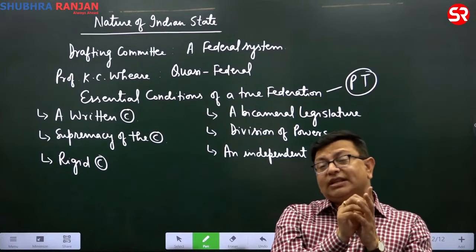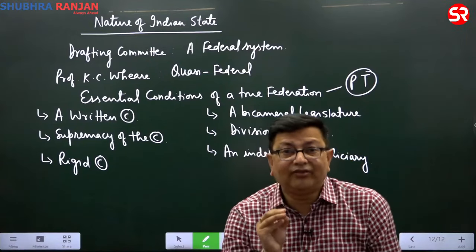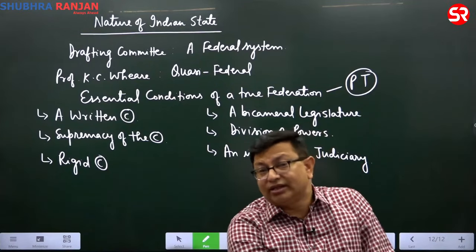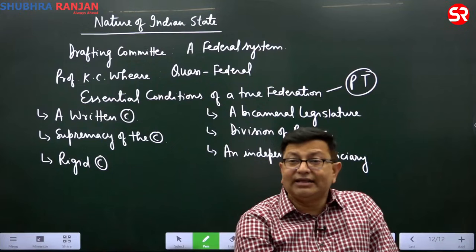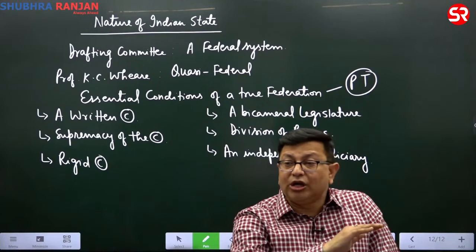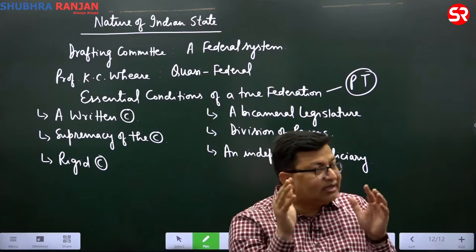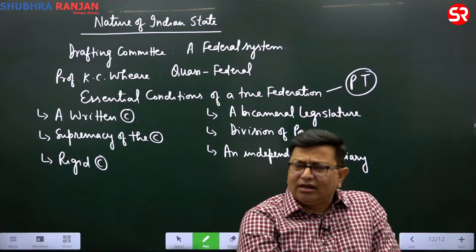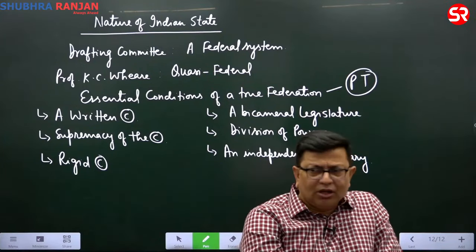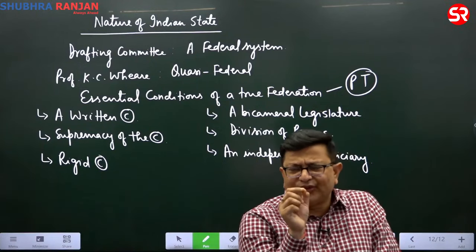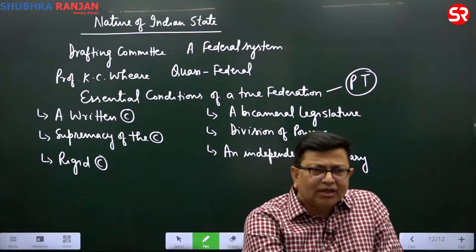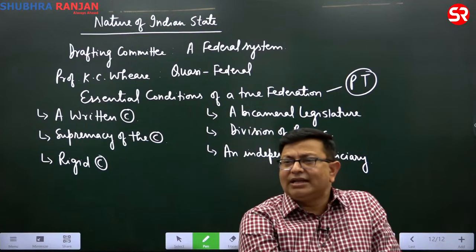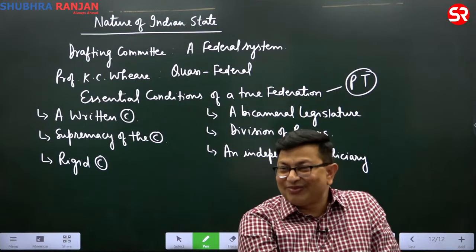Here not only Professor K.C. Wheare, but some of the other Western writers have also used this nomenclature, that India is a federal system with a strong unitary bias. Such types of expressions have been used for India. Now, the scholars who have used this expression, Professor K.C. Wheare and others, quasi-federal, have taken America as the role model of a federal system.